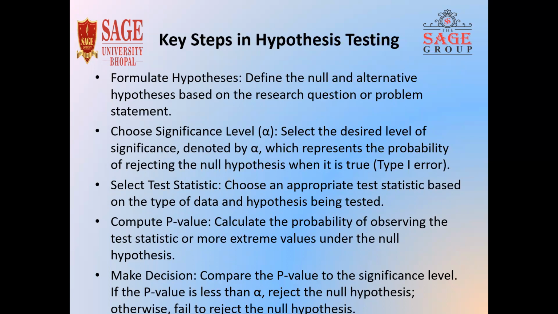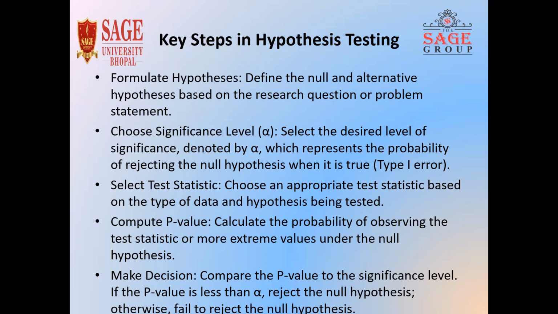Next is select test statistic. For this, we choose an appropriate test statistic based on the type of data and hypothesis being tested. Next is compute p-value. For this, we calculate the probability of observing the test statistic or a more extreme value under the null hypothesis.